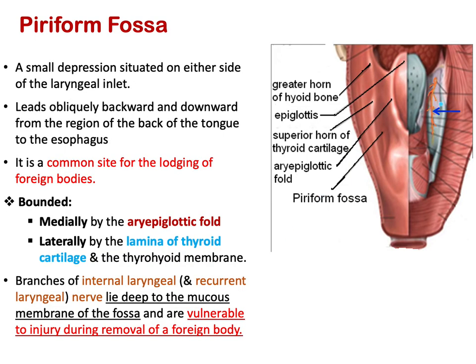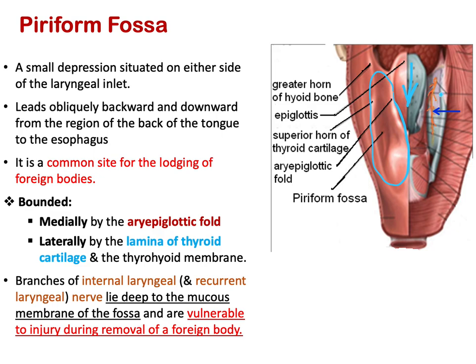The piriform fossa is a small depression, as you see here, on either side of the laryngeal inlet. This is the entrance to the larynx itself, then from larynx to trachea. So on each side there is a space, or fossa. We call it the piriform fossa, right?